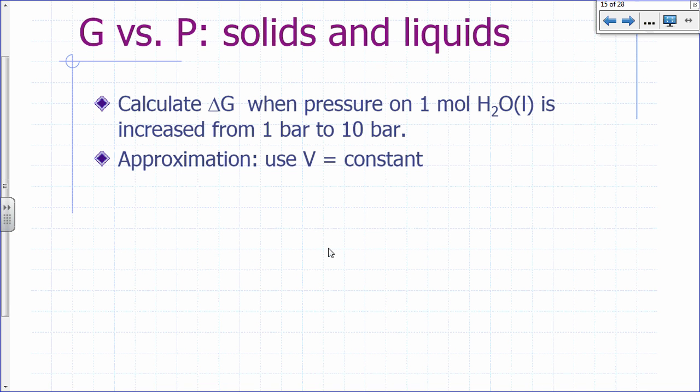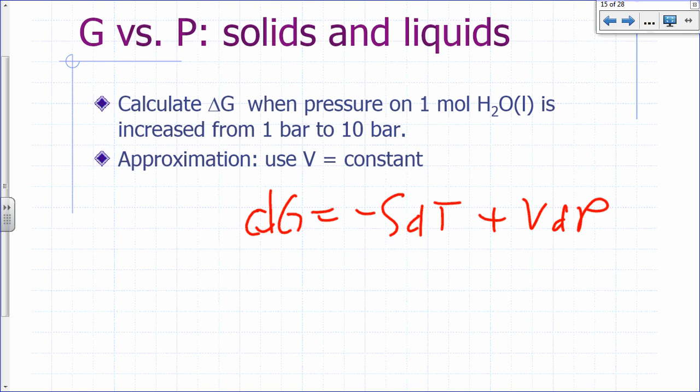So can you calculate delta G if you were to change, let's say, the pressure on a mole of liquid water from 1 bar to 10 bar? What would you do? You say dG is minus S dT plus V dP, and we're going to assume constant temperature here. So if temperature is constant, what can I drop out from this expression? Catherine, what's my delta G going to be?